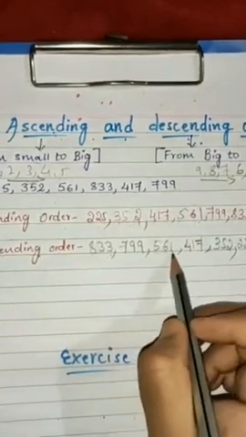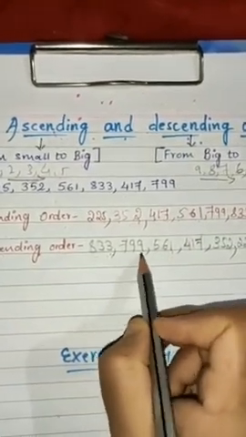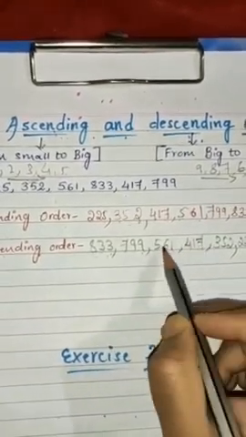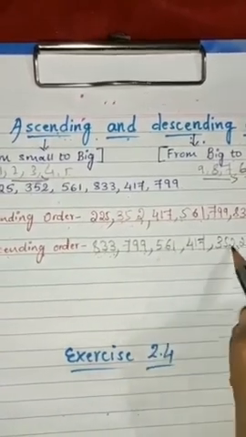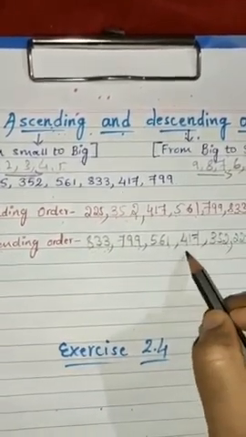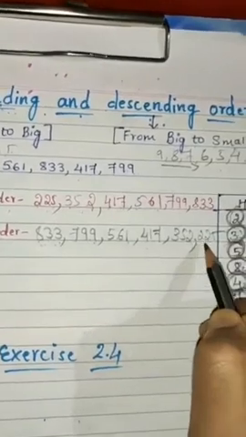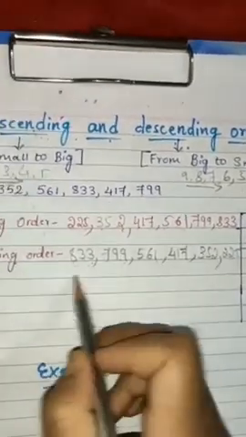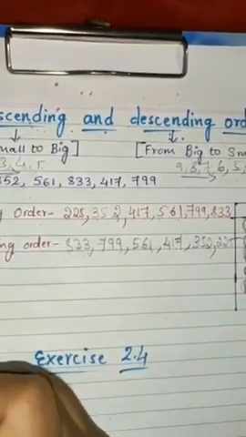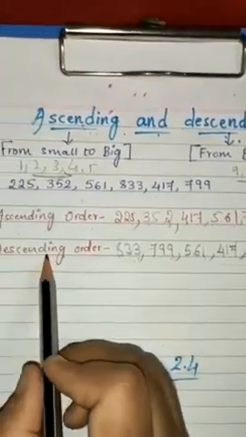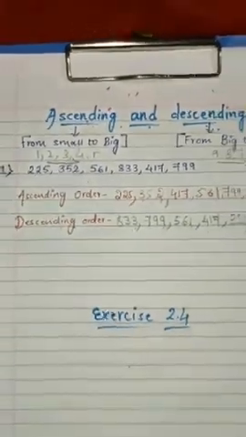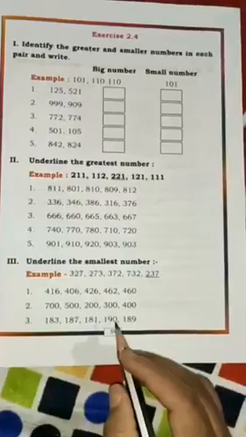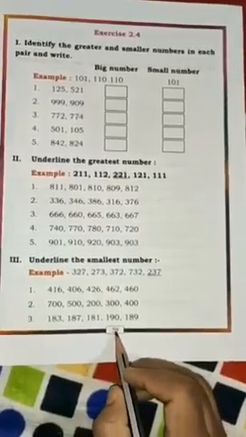So 561 is smaller than 799. 417 is smaller than 561. 352 is smaller than 417. Right. So next 225 is smaller than 352. So here what we have done is written the numbers from big to small in descending order. Understood, children?